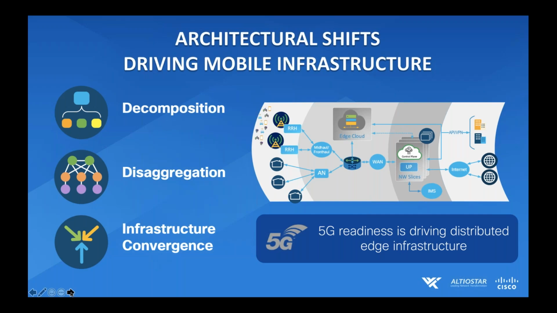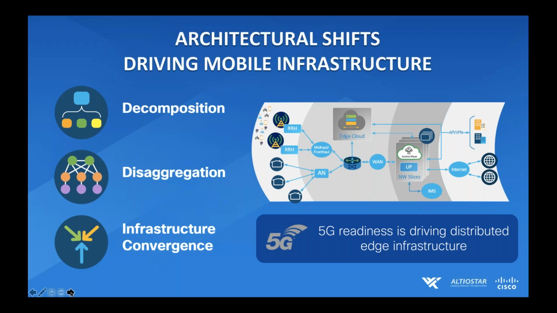Disaggregation, something that we're seeing in just about every other sphere within telecommunications. The separation of software from hardware, being able to take something that previously was a function performed by a dedicated piece of hardware and now separate that to be a software function, in some cases separated into separate software functions, and those software functions running on hardware that can be sourced from different vendors.